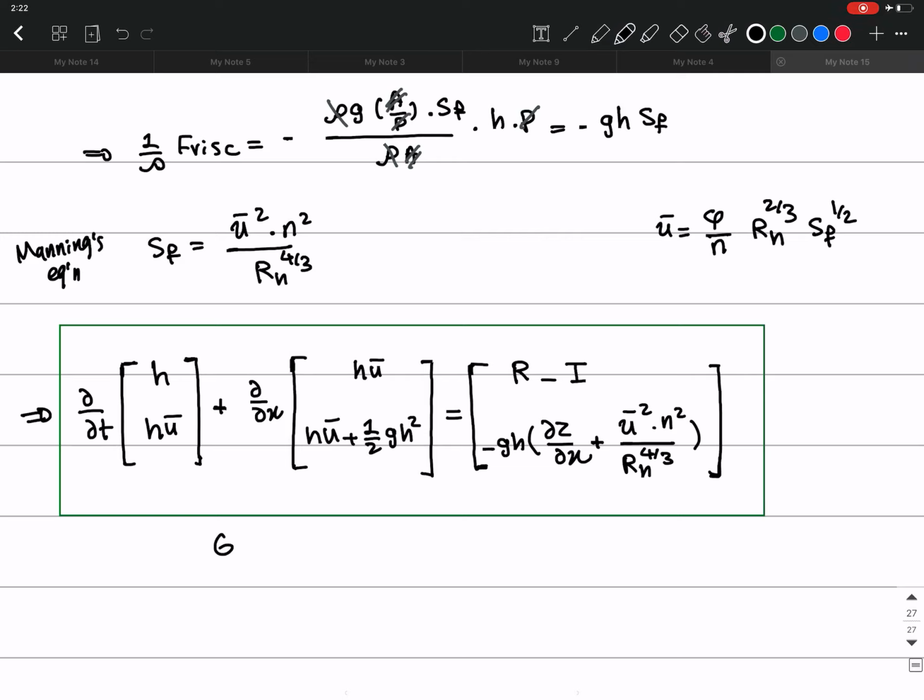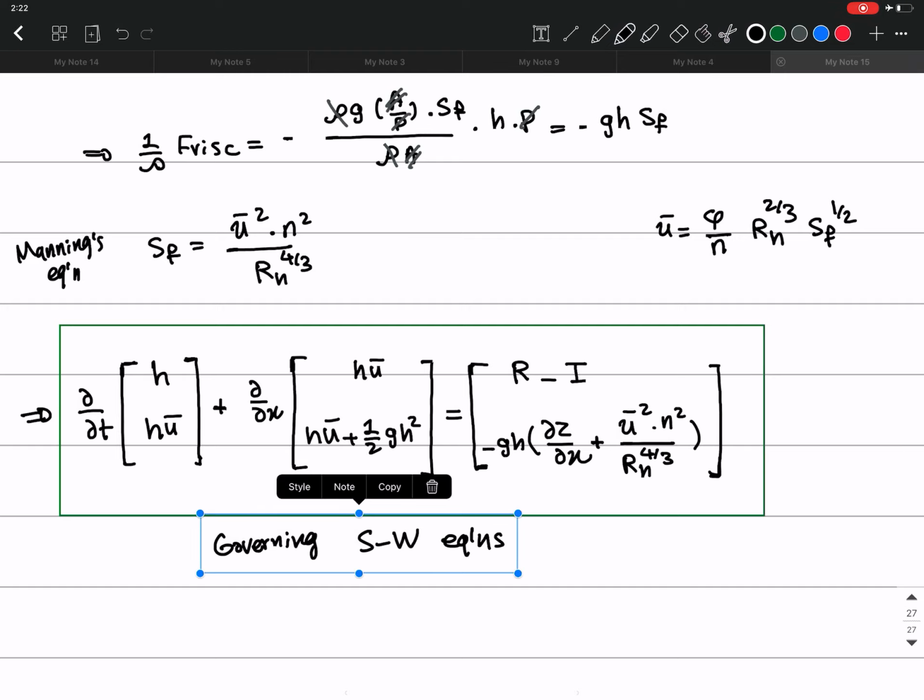So these are the governing shallow water equations in a general form, let's say.